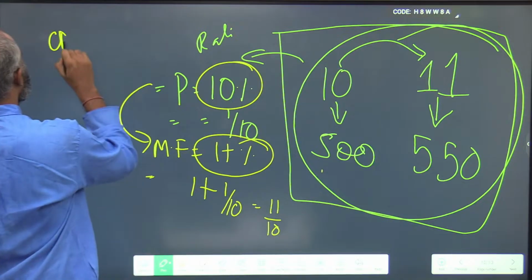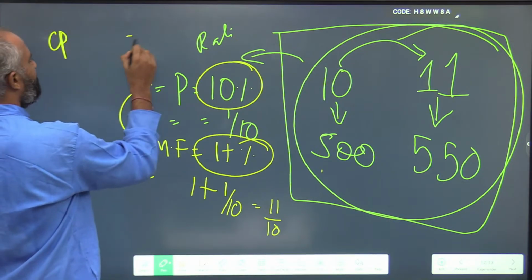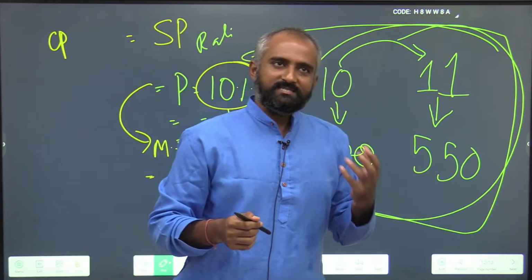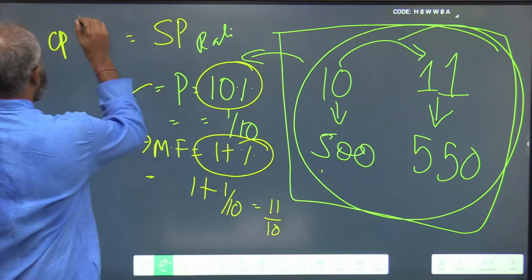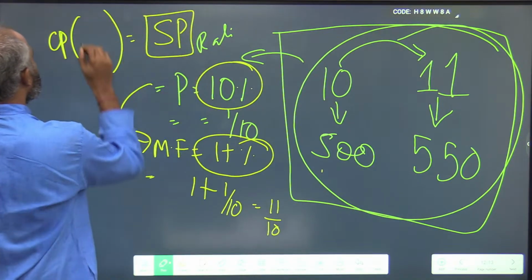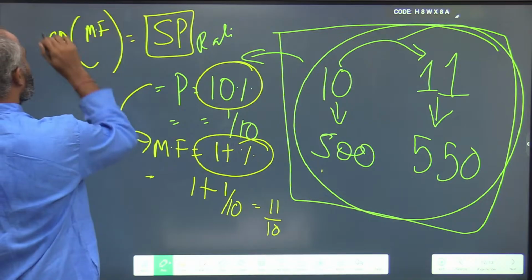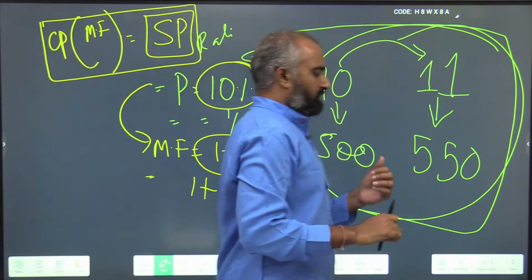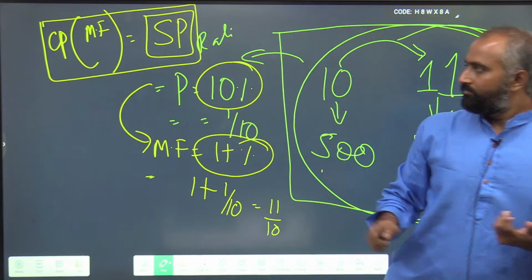Your CP is the initial price, right? What is the first thing that comes? Initial value is CP only. And when you sell it, when it undergoes a process, it becomes SP. So your multiplication factor is nothing but the factor that is multiplied with CP.